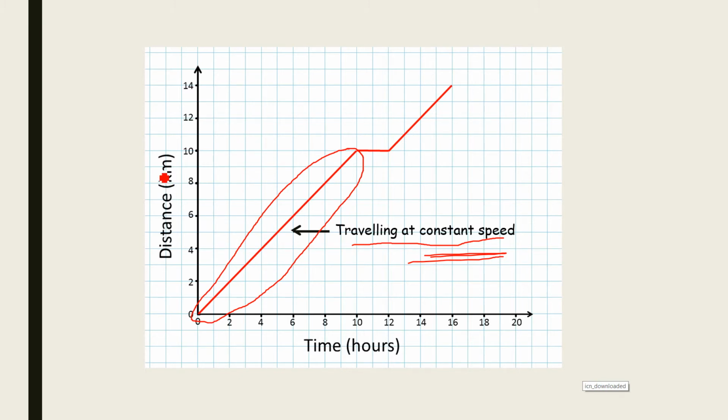Speed is distance over time. So if the car is covering equal distances in equal amounts of time, the car is not changing speed, it is moving smoothly with the same speed.